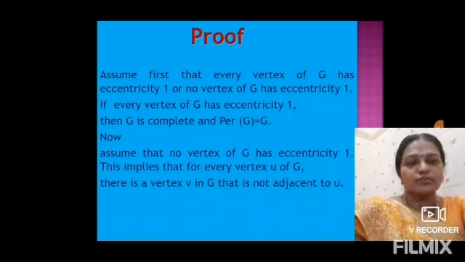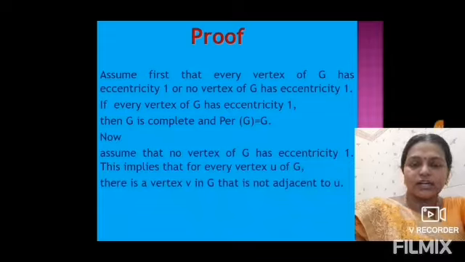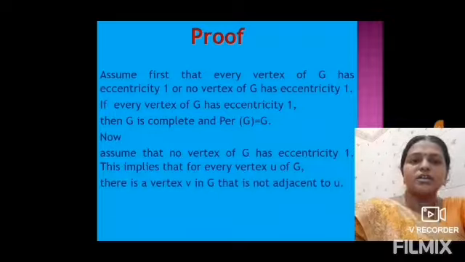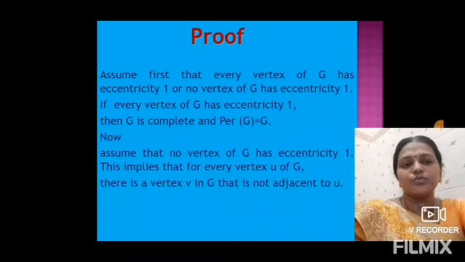If every vertex of G has eccentricity 1, then of course G is a complete graph and so the periphery of G is equal to G itself. Now assume that no vertex of G has eccentricity 1. This implies that for every vertex U of G, there is a vertex V in G that is not adjacent to U.